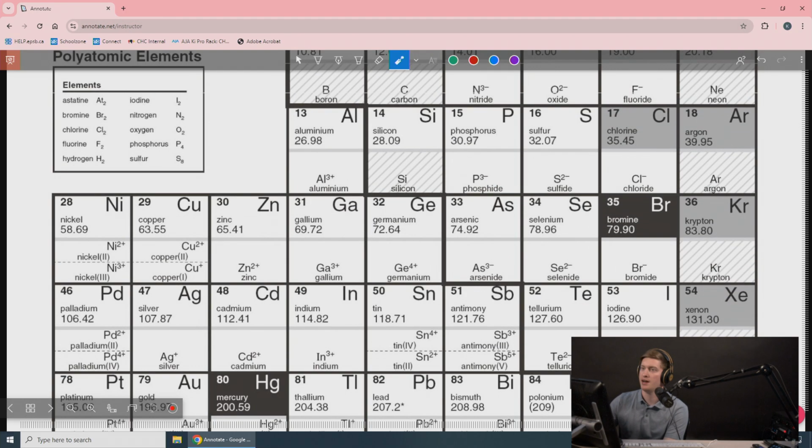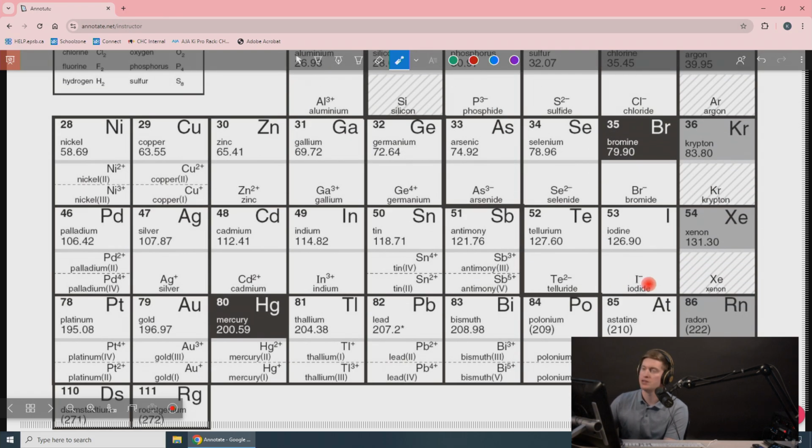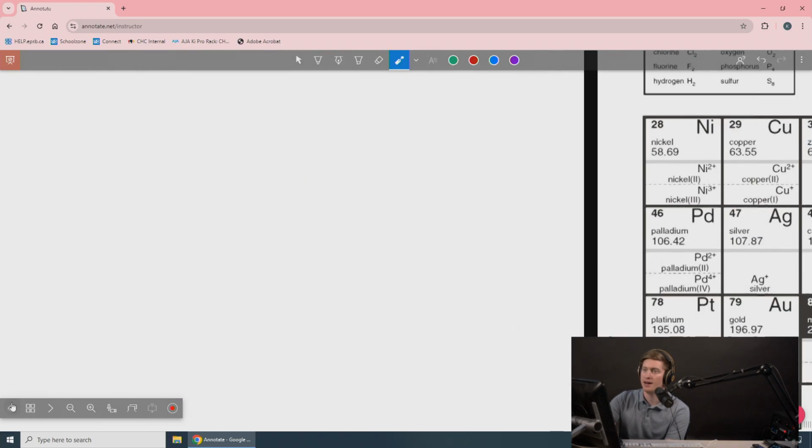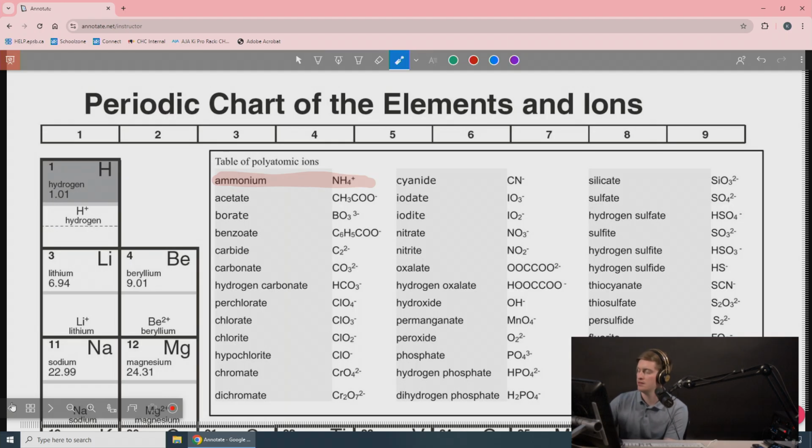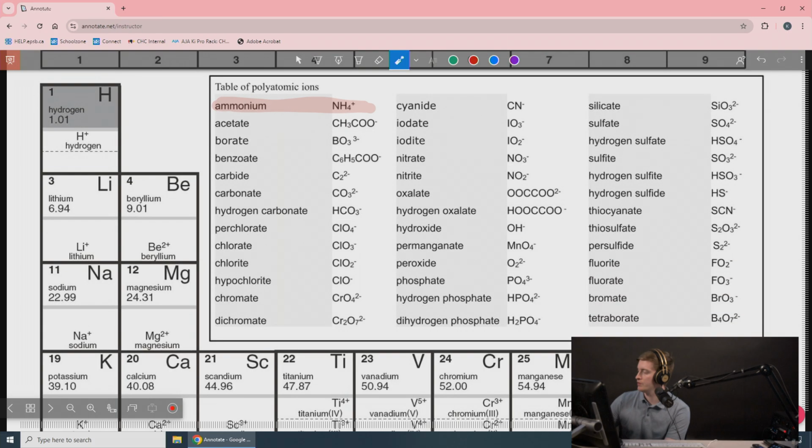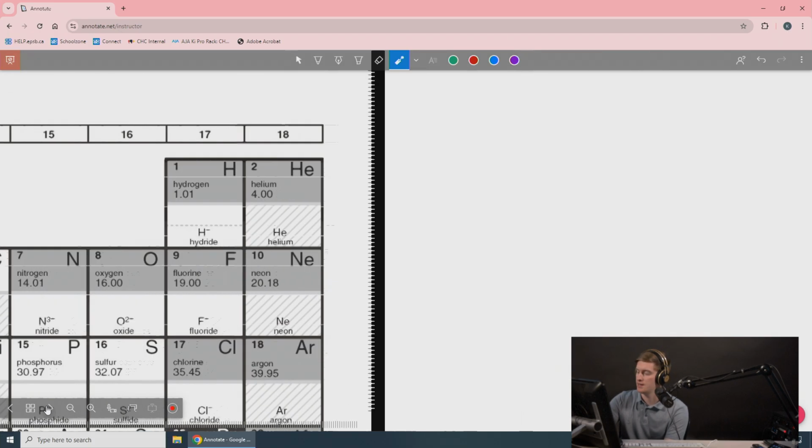And then I mentioned iodide, which is the anion from the element iodine. If you're looking at the table, there is an iodite. I could add that in there as well. And an iodate. Those are not the same thing as iodide, just like there is also a chlorite and a chlorate. There's even a hypochlorite and a perchlorate, which are also not the same thing.